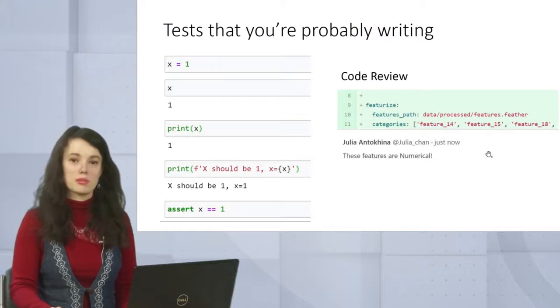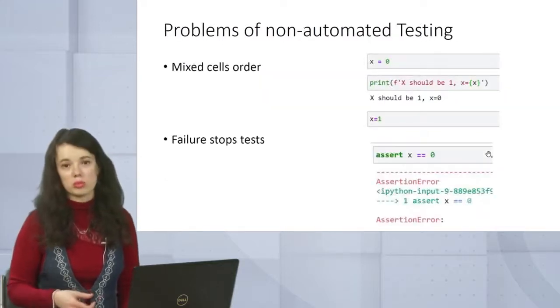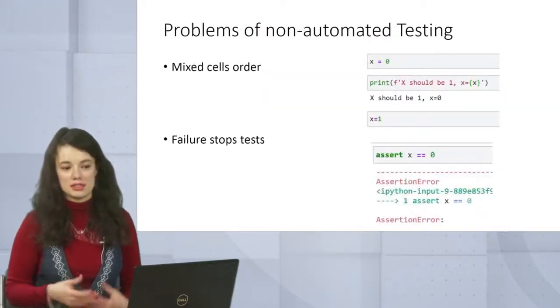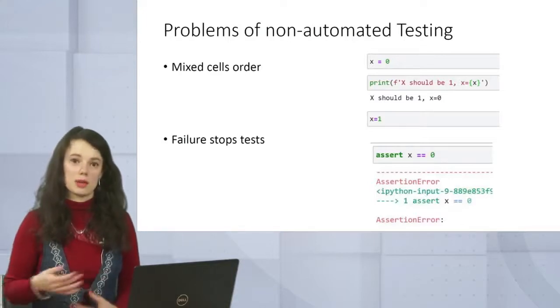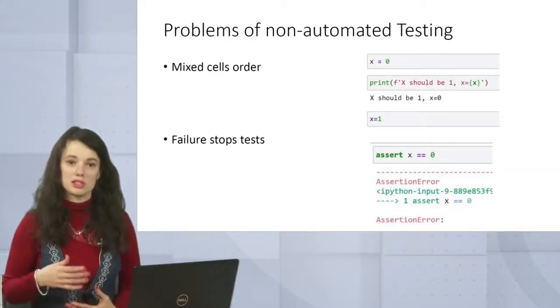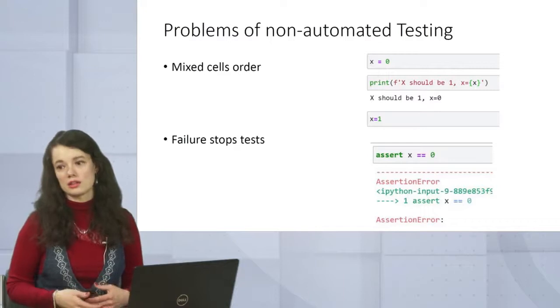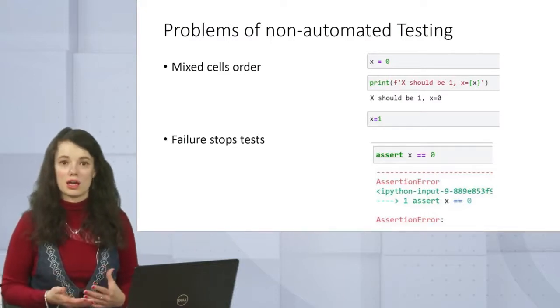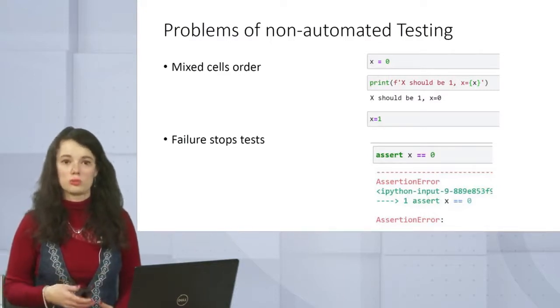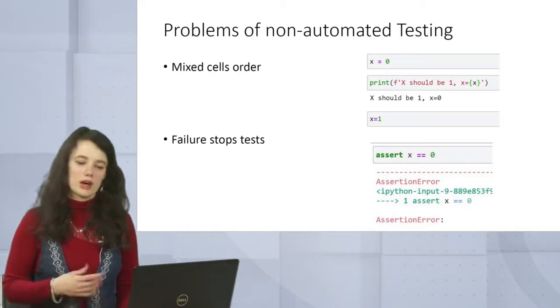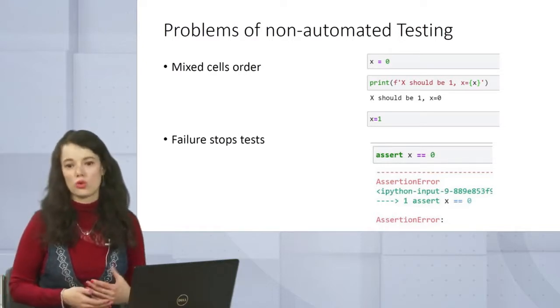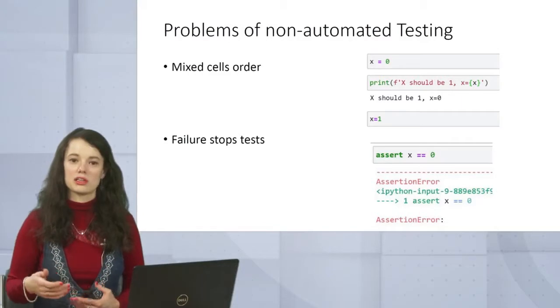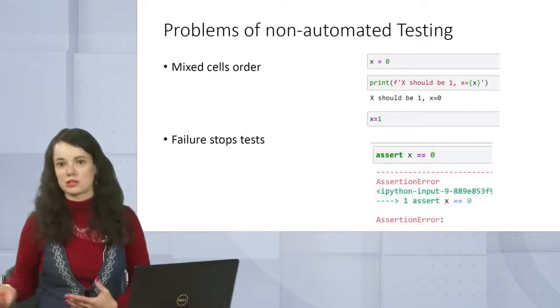But it's manual. The problem with manual testing is that cells in Jupyter notebooks can be mixed in order, and the main problem is that a failure stops your testing. Thus, it's not convenient to test manually for hundreds and hundreds of tests.